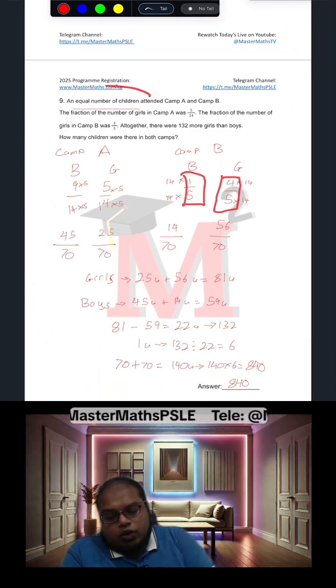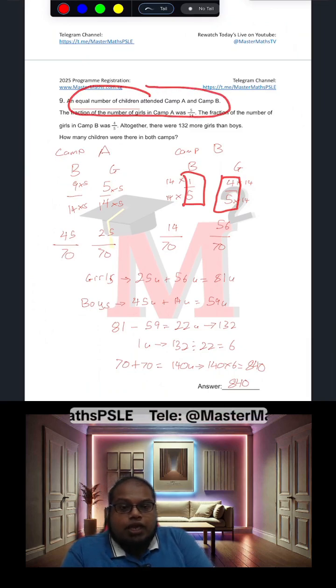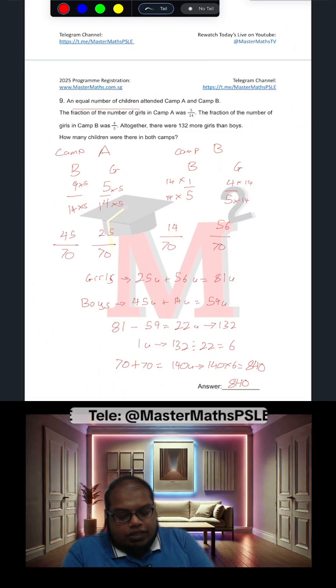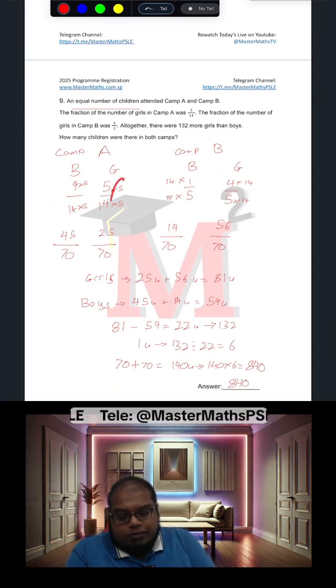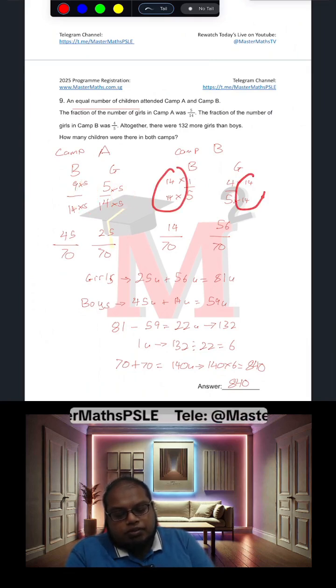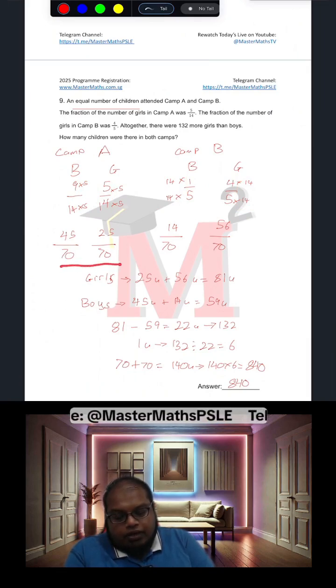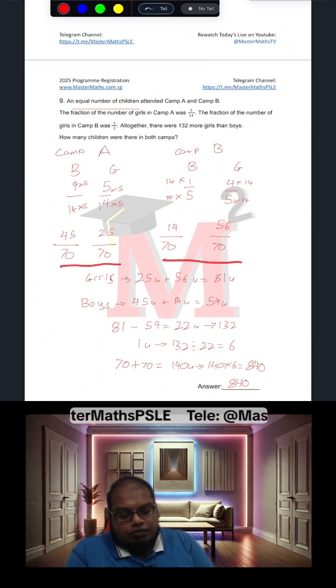Because an equal number of children attended Chem A and Chem B, what I needed to do is make the denominators the same. That's why here I times 5 and 5, here I times 14 and 14. And I ended up with 45 and 25, 14 and 56.